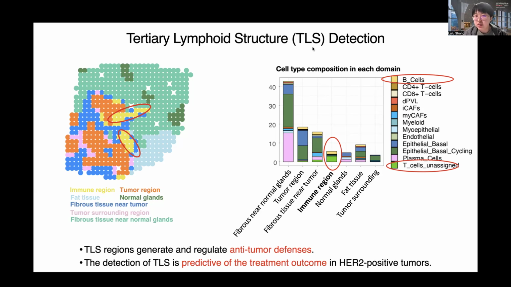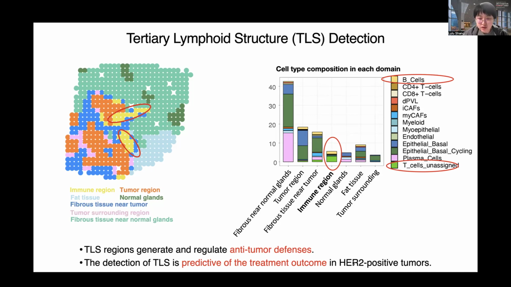The TLS is a tertiary lymphoid structure, and the tertiary lymphoid structure is actually very helpful for the patient, especially because it can generate and regulate the anti-tumor defense. And if a patient is detected to have a TLS, it is more likely that this patient will have a better survival outcome.